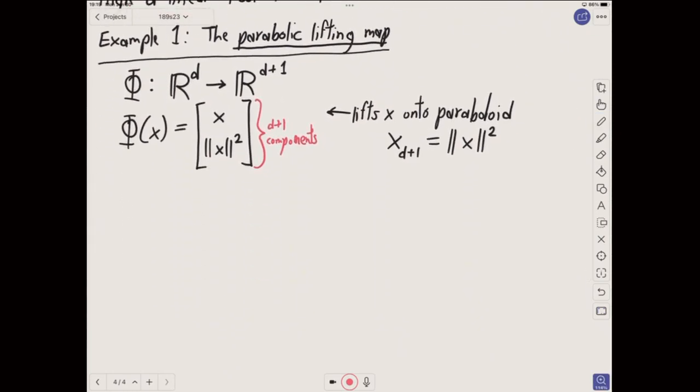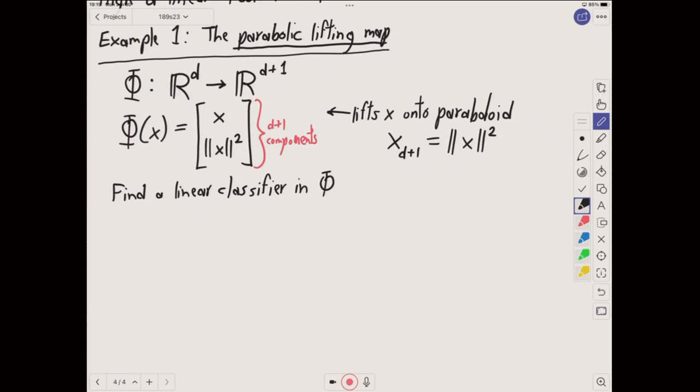Now, what makes this map interesting is that if you find a linear classifier in the higher dimensional space, the phi space, then you'll discover that it induces a sphere classifier in the original input space, or x space.